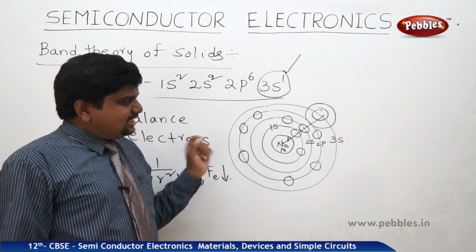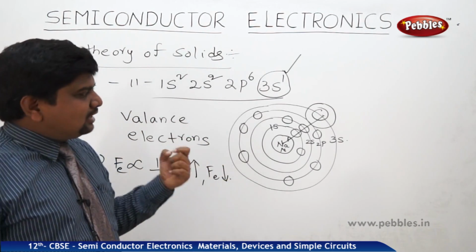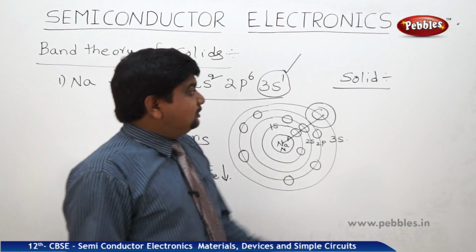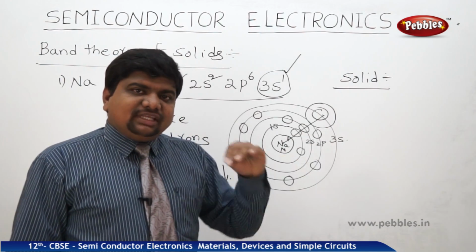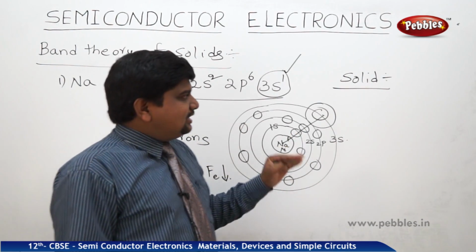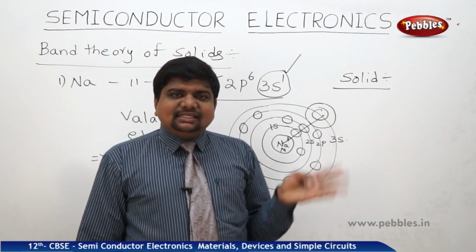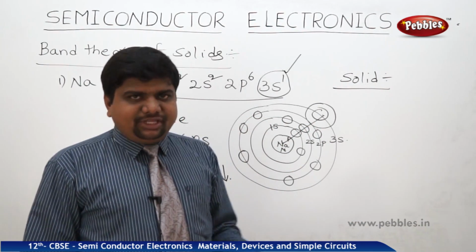To understand this concept, we can assume it like this. Suppose there is a solid material. We know the nature of the solid. There is an overlapping of the molecules, because in solids there is no such gap between the molecules.